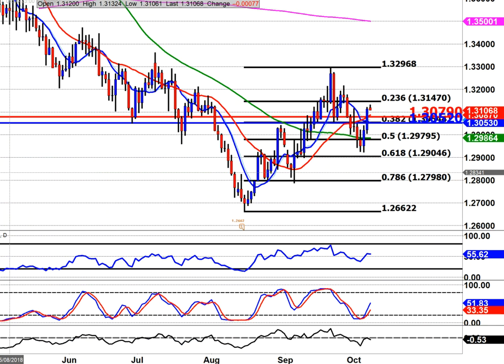Right, so you can see that the little trend line we drew in is really taking this big move up here. We've put the Fibonacci retracements on. At the moment we are above both of the moving averages and pivot points.